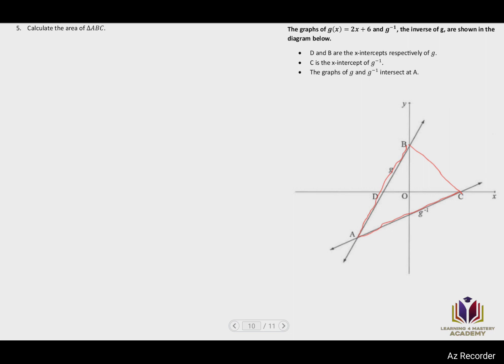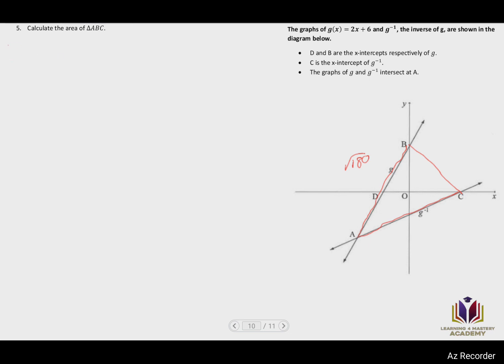So we've already calculated the length of side AB. We said the square root of 180. Since it's not a right-angled triangle, we can't use the standard area formula, half base times height, because this one requires the perpendicular height of the triangle. But what can we use?